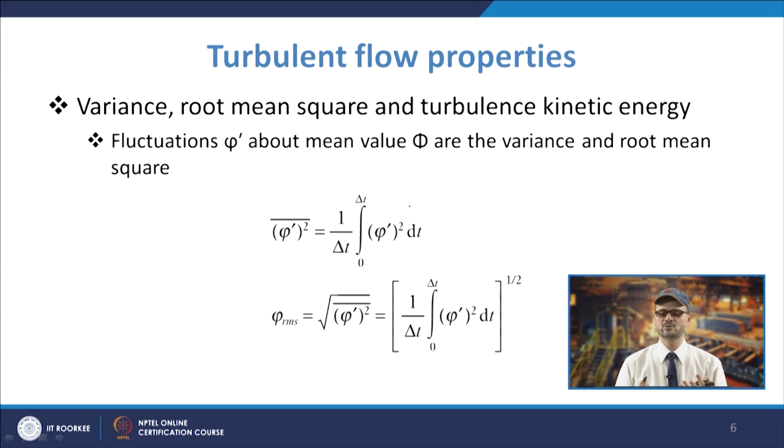So you have the fluctuation part squared, and then we divide by delta t as we are integrating over delta t. This way we get the variance, and the RMS value of this fluctuating part, phi RMS, will be the square root of this.